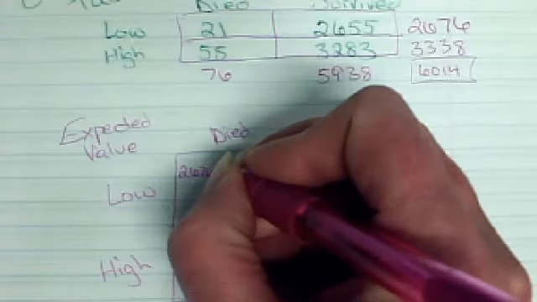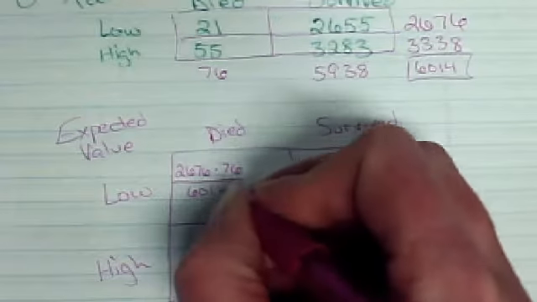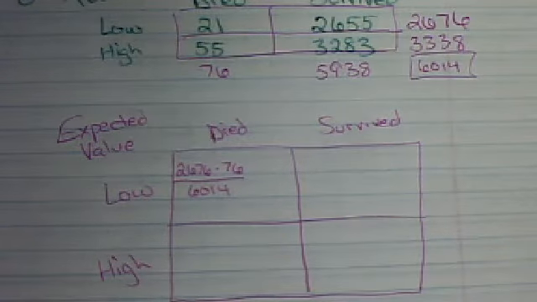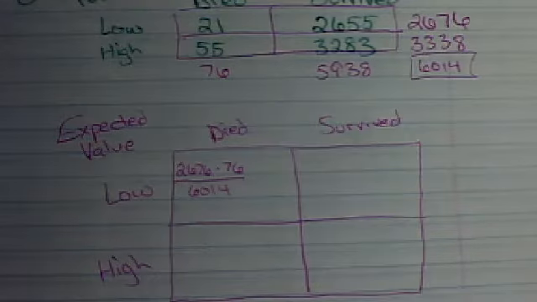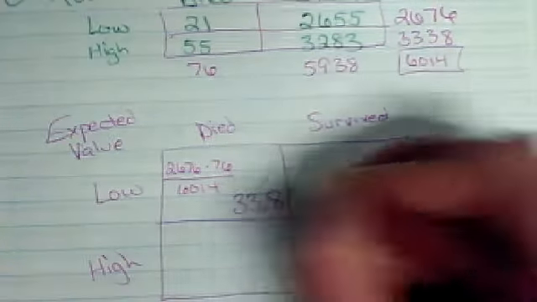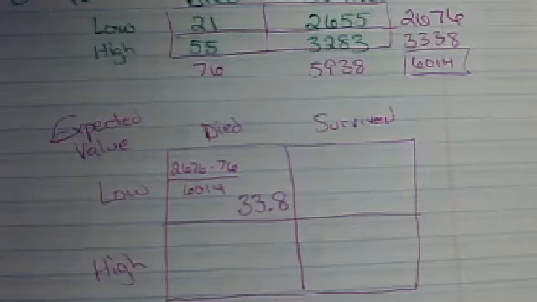2676 times the column total of 76 divided by my overall total of 6014 gives me 33.8. Now I'm going to do the same thing for the next one. 2676 times 5938 divided by 6014.